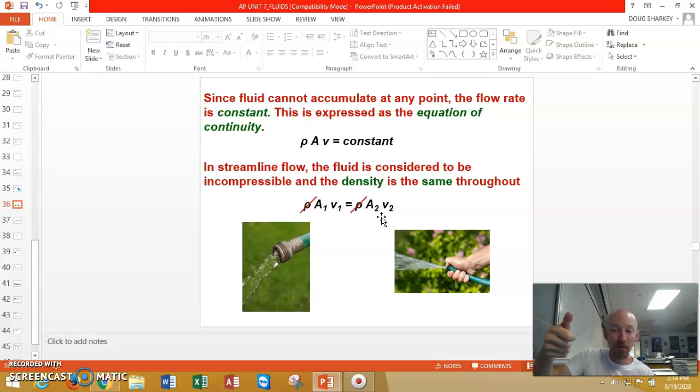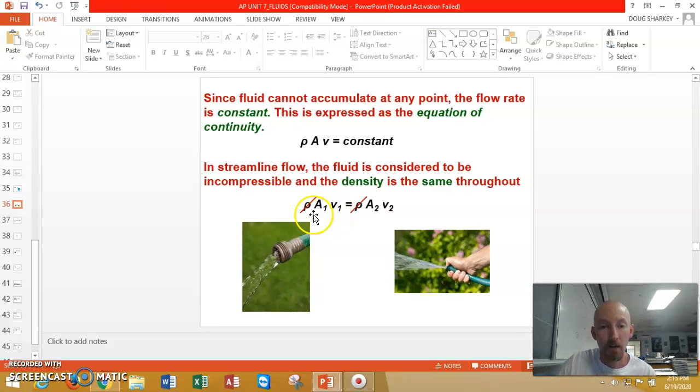So if I put my thumb over the opening of that hose, I am decreasing the area of that hose. And if the area gets smaller, what happens to the velocity? It's got to go up, and you squirt them, right?